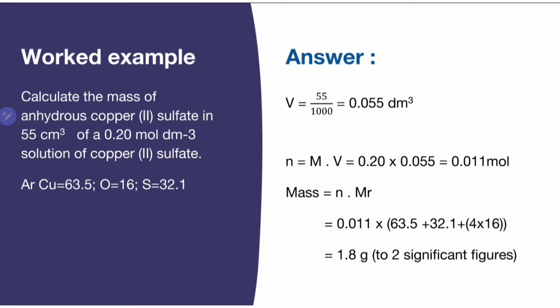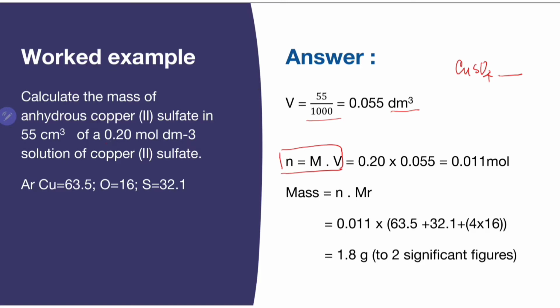Another example, calculate the mass of anhydrous copper II sulfate, CuSO4. Anhydrous, without water. Here 55 cm cube. We convert into dm cube, divided by 1000. Then we use the formula N is molar times volume.